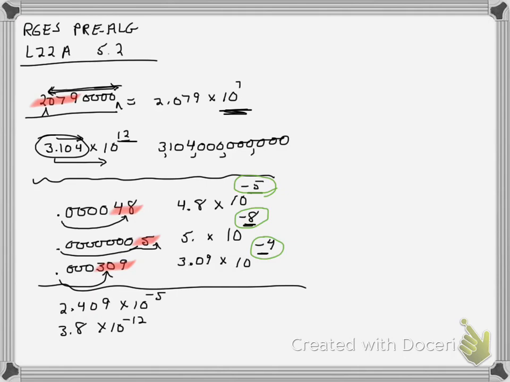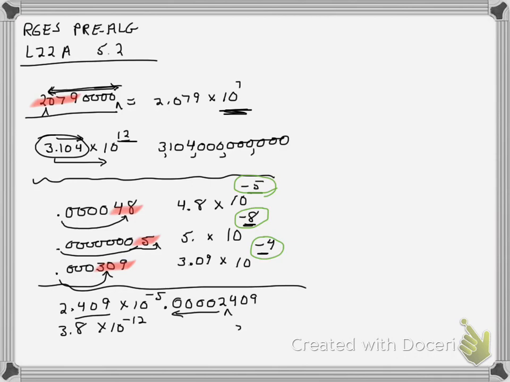Well, first thing I would do is write the number with all these digits, 2409, and now I'm making a very small number. I've moved my decimal point now. To make a small number, I want to go this way 5 places. The 2 counts as the first. 1, 2, 3, 4, 5.